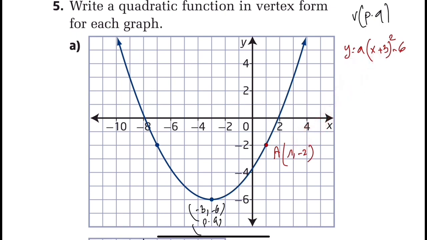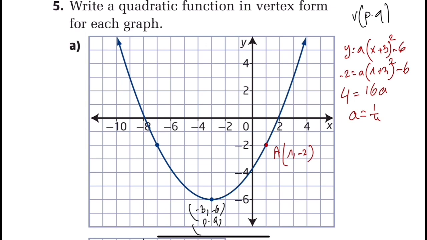So minus 2 equals a times (1 plus 3) squared minus 6. This will give me 4 equals 16a. That means a is 1 over 4.